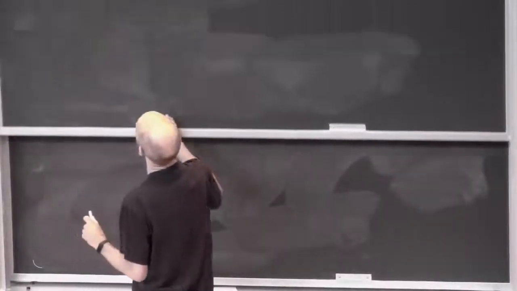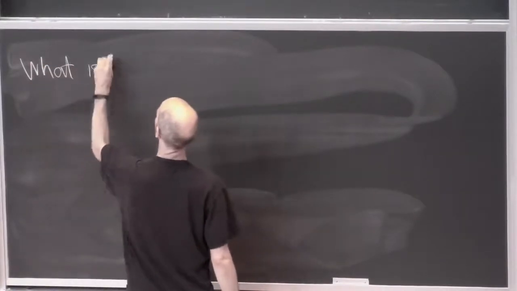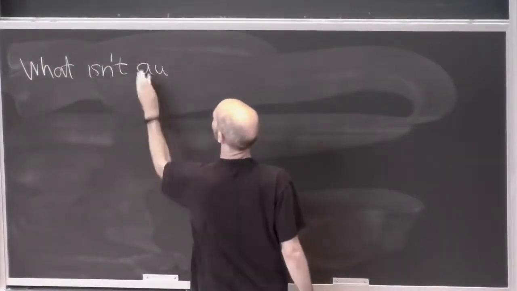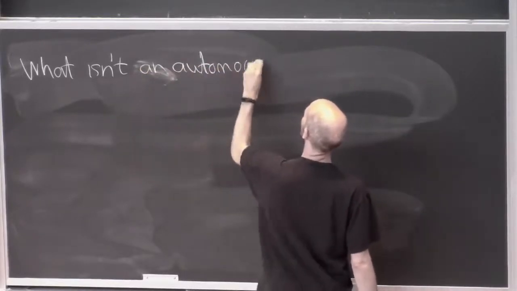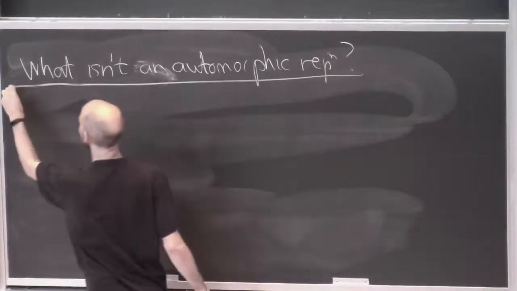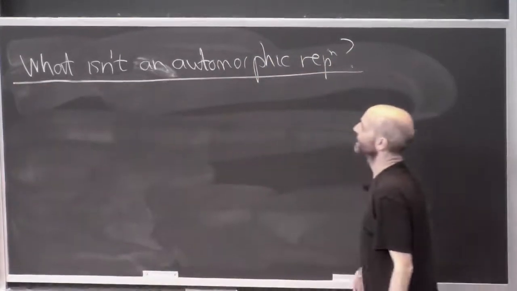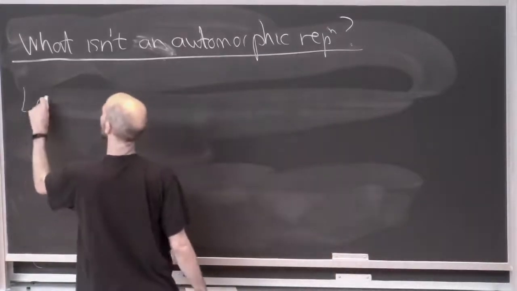Right, that's the next thing. So what isn't an automorphic representation? That's the next thing. So here's the idea. Recall the local Langlands conjectures, okay?